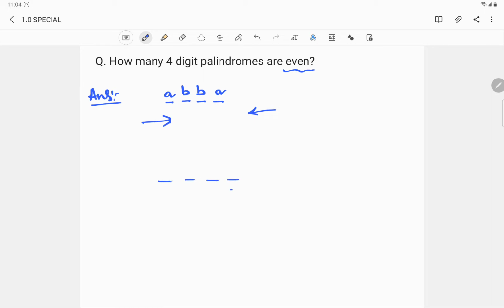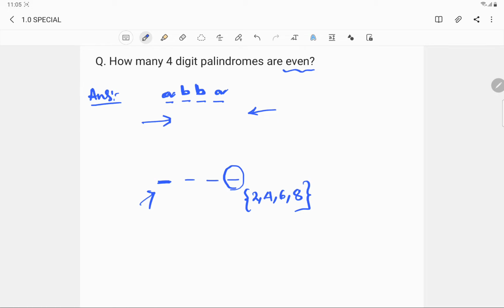So for even, the last digit of the 4-digit number has to end with either 2, 4, 6 or 8. And similarly the thousands place will also be the same digit, because whatever is in the units digit must come in the thousands digit, and whatever is in the tens digit must come in the hundreds digit.